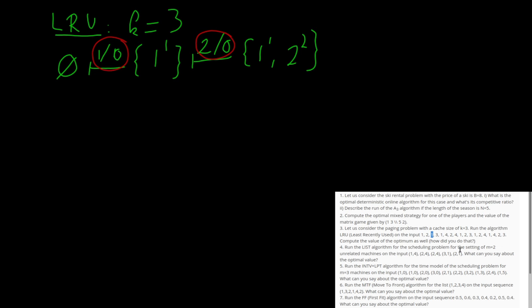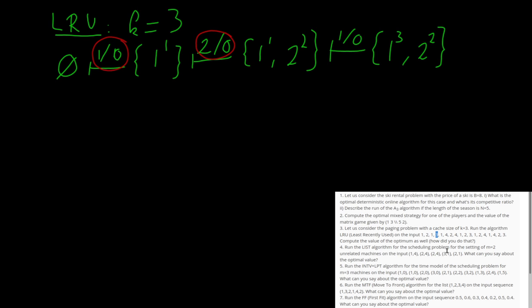Then 1. Since 1 is in the cache, I don't have to discard anything, so it's free, but still I have to update the timestamp, so it's the third moment. I'm having these 2 objects inside the cache, and then I have this 3 as input.